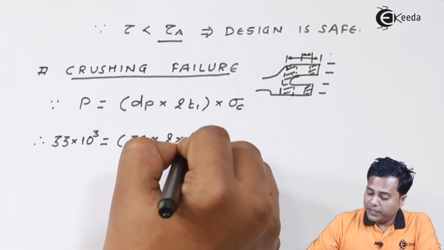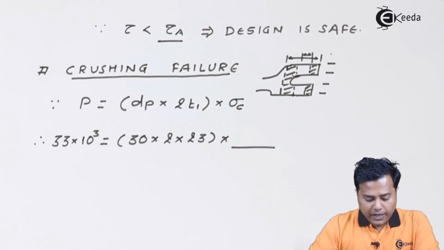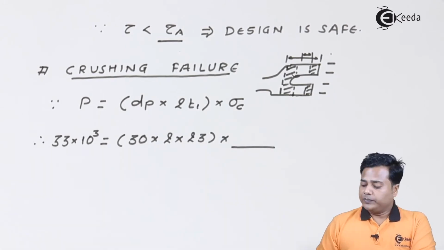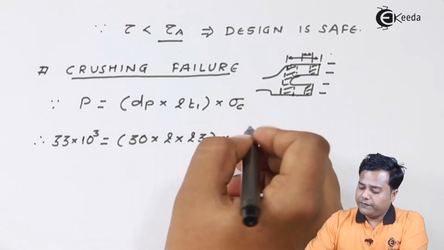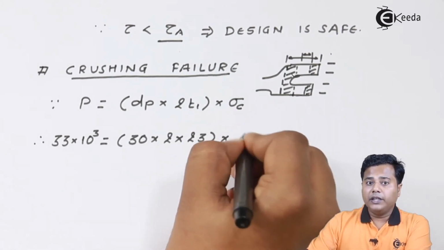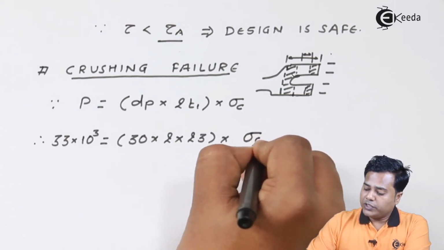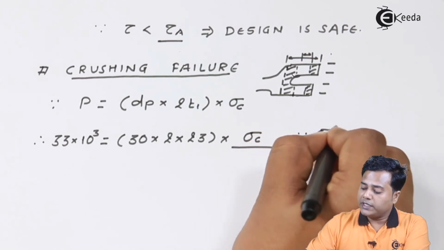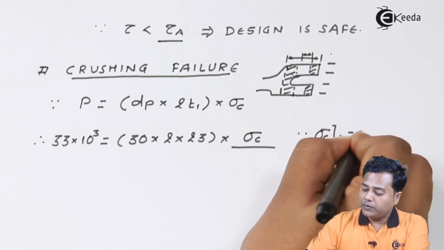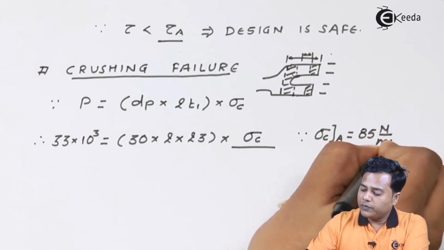Therefore, as we substitute the values, the dp value that we already have is 30 into twice of thickness. The thickness we have obtained is 23 into the crushing value we have already found out, which is somewhere equal to 85. So we have to verify whether the induced value is greater or smaller than the allowable value. So sigma c is what we are going to find out, whereas we know that sigma c allowable is somewhere around 85 Newton per millimeter square.